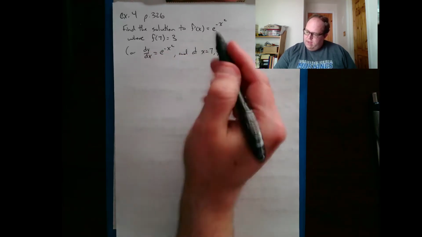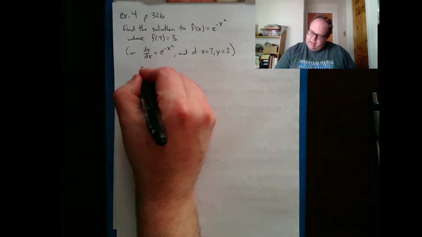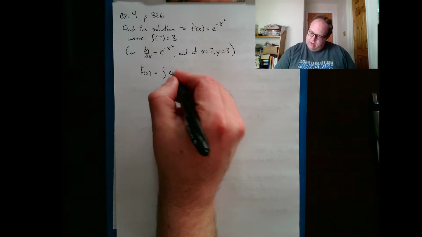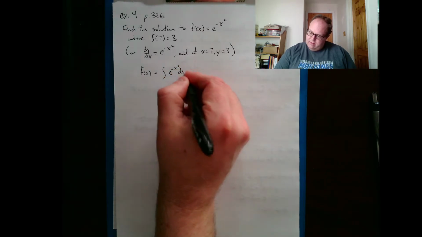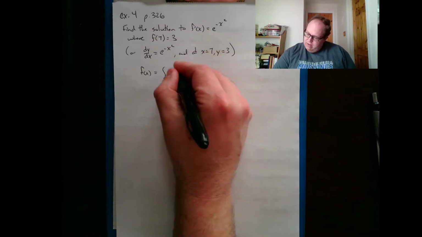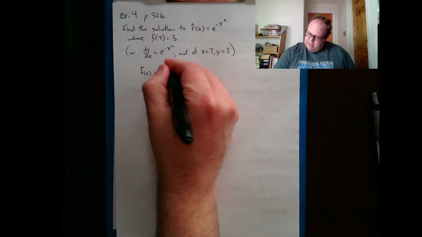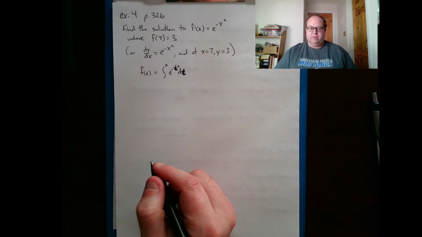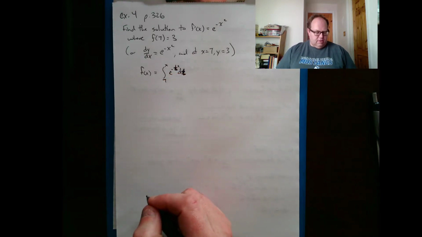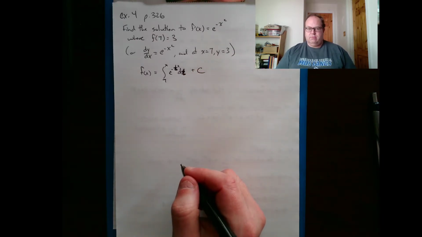So if f prime of x equals e to the negative x squared, then I can certainly say that f of x would have to be the integral of e to the negative x squared dx, as long as my upper limit is x. Oh wait, sorry, I should switch my variable here so that I can put x as the upper limit of my expression. And I'm going to make my lower limit 7 for a reason which is going to come out in a second. And some constant that we get tacked on to the end.